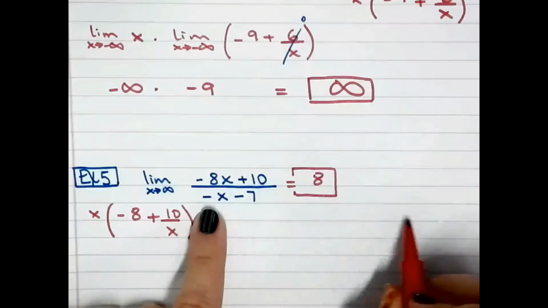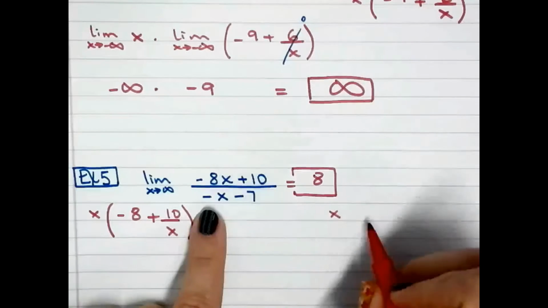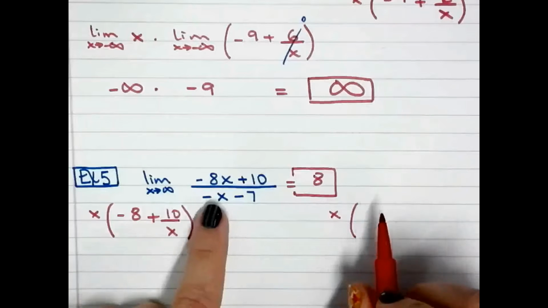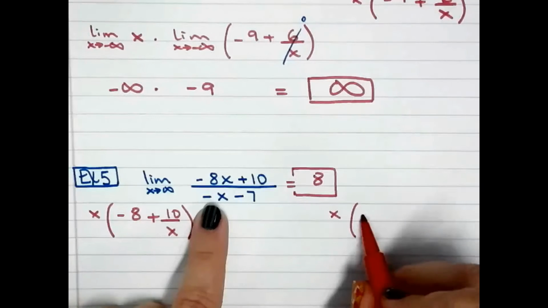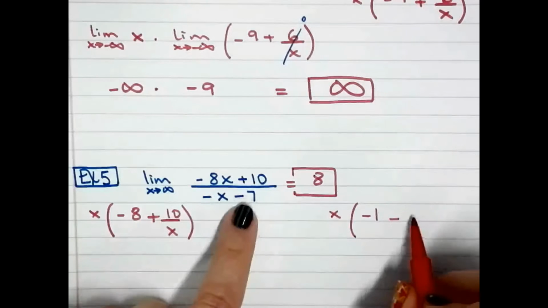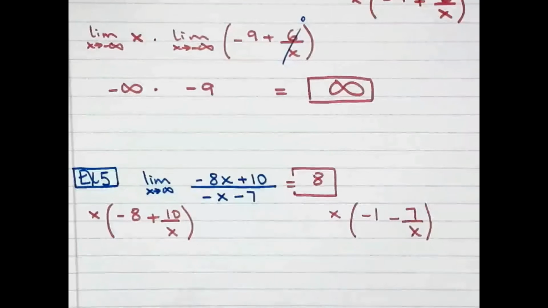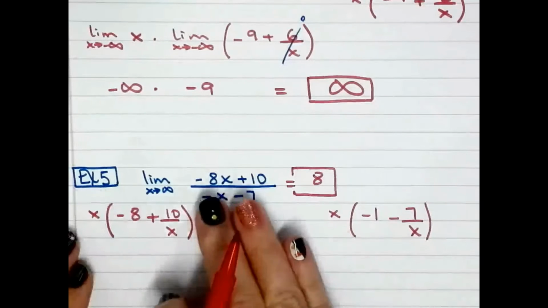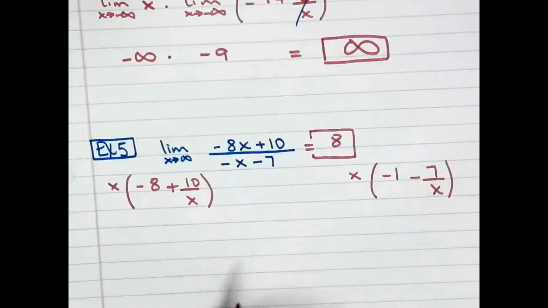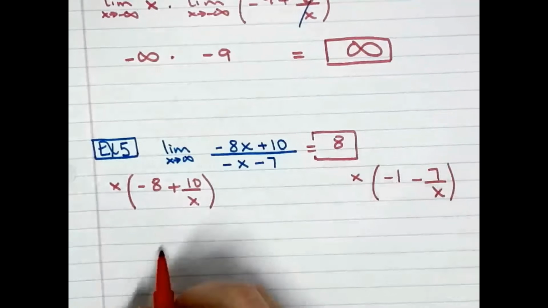And then I'm going to do the denominator right here off to the side. Factor x out. -x over x is -1, and then -7 over x. Okay, so now I will rewrite this function as 2 limits.